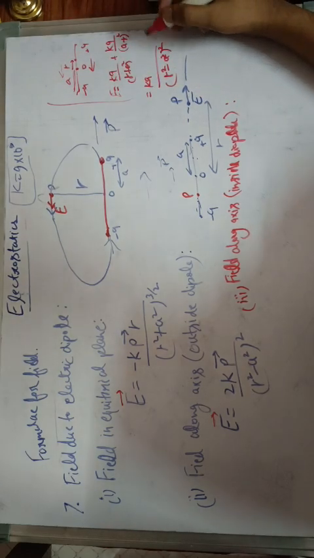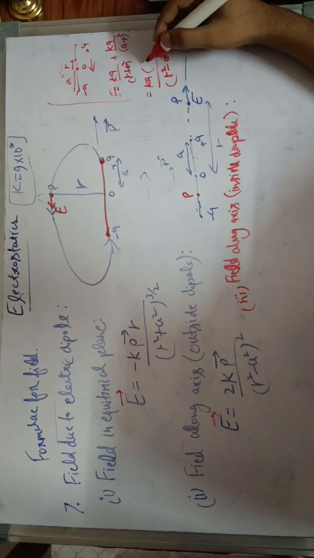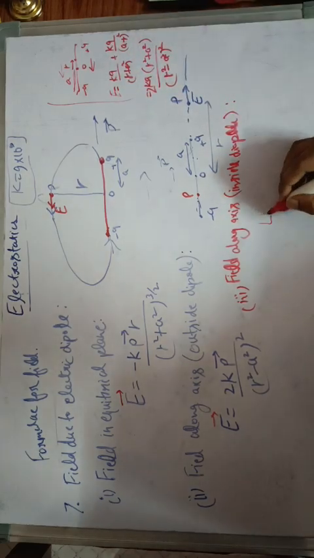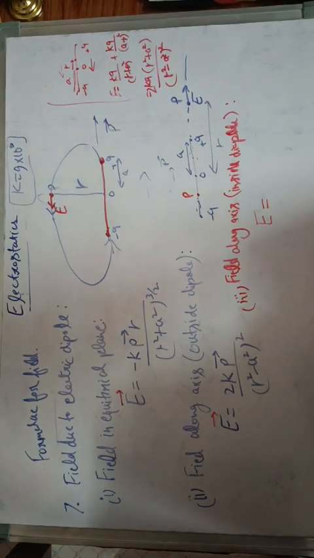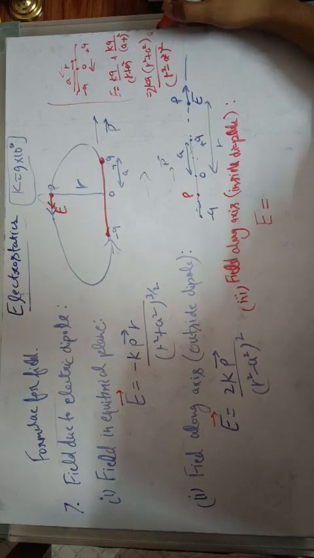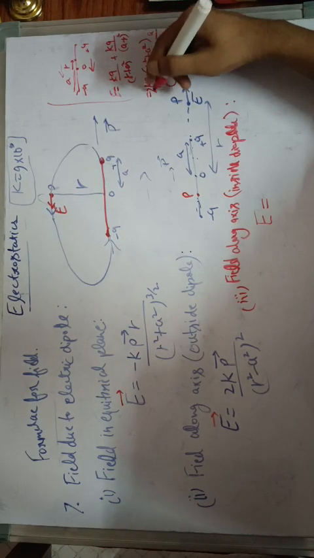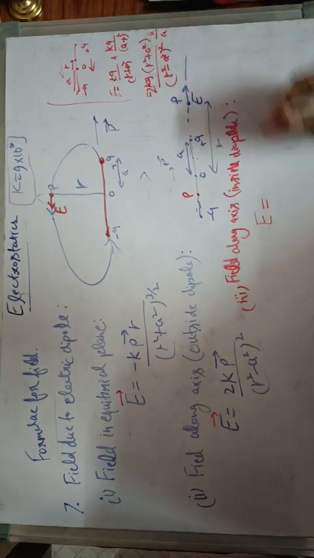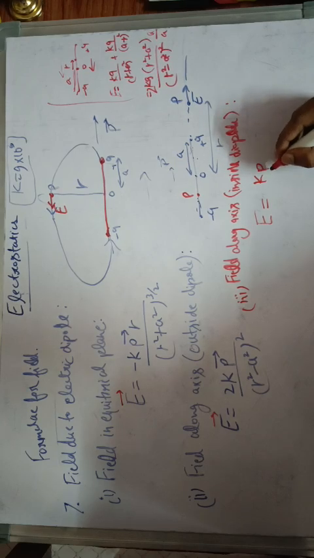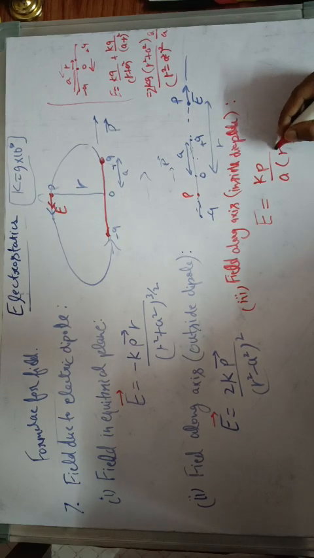Taking a square minus r square, we get here 2 times of r square plus a square. So the formula of field will become this. Since we are talking about a dipole, it would be better to write it in the form of dipole. Let's say this is multiplied and divided by a. 2qa will become dipole moment, electric dipole. So we will get the formula kp upon a, r square minus a square whole square.